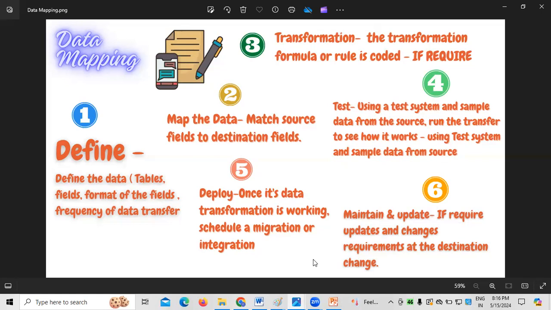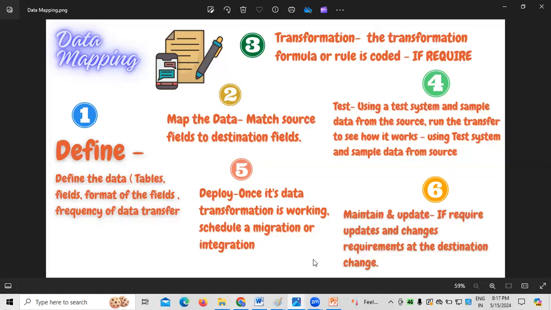There are different formulas or coding, whatever is required according to the rules. That's why I have mentioned it as if required. When any transformation takes place, the transformation formula or the rules needed for you to do the coding have to be performed in the third step.